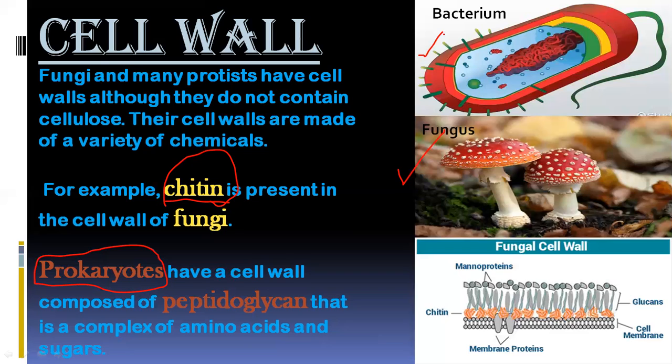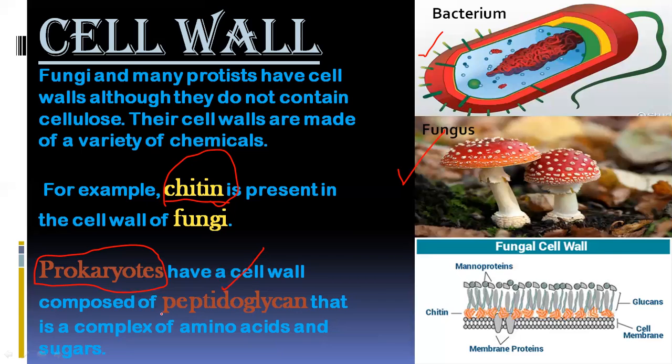Bacterium is singular, bacteria are plural. So the bacterium's outer covering, outer wall, is the cell wall. Inner is the cell membrane. So what material is that cell wall made of? No chitin, no cellulose, another material called peptidoglycan.